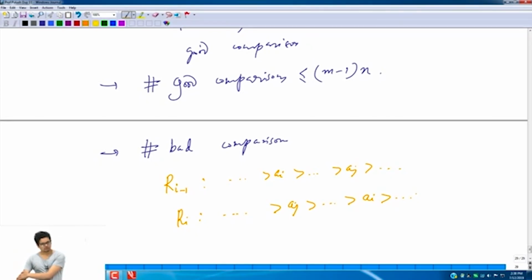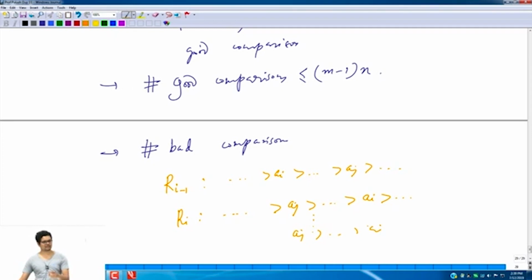But now I claim that once a pair A_i and A_j has made a bad comparison, it can't make any more bad comparisons because of the single crossing property. Once a pair of objects A_i and A_j makes a bad comparison, it can never make another, because all the oracles down here prefer A_j over A_i, and till R_i it's already been elicited.